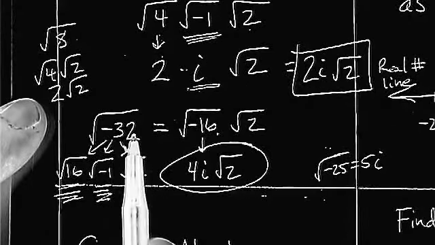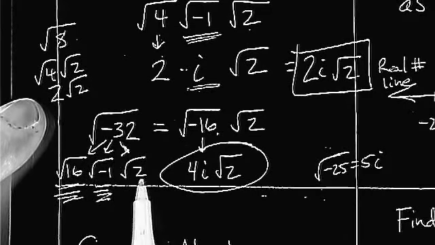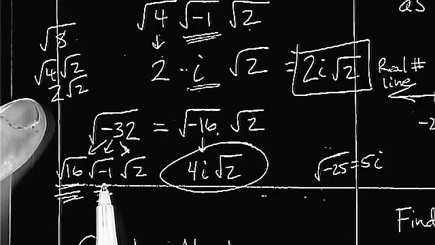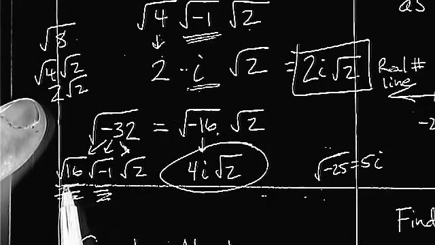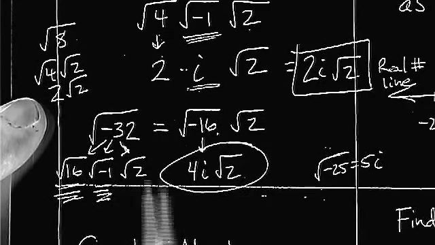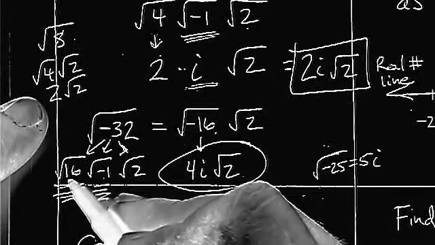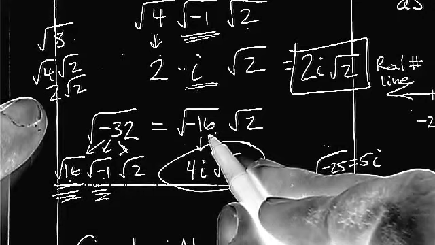So, square root of -32. Now we can think of this as 16 with 2 left over and a -1. So that's a 4, that's an i, and that's a radical 2. So 4i radical 2. Now if you want, you can always bring the -1 in with the perfect square.